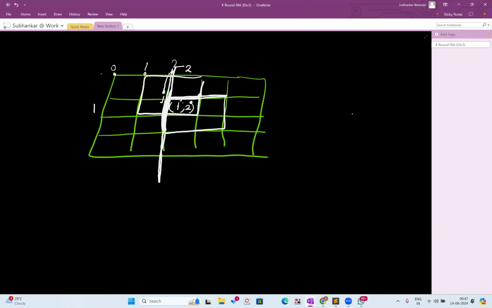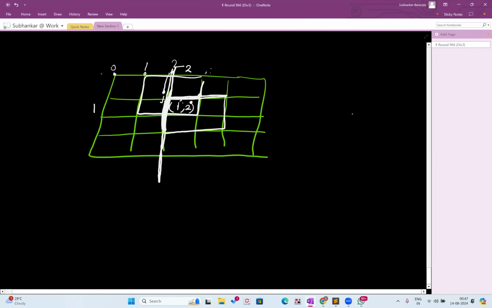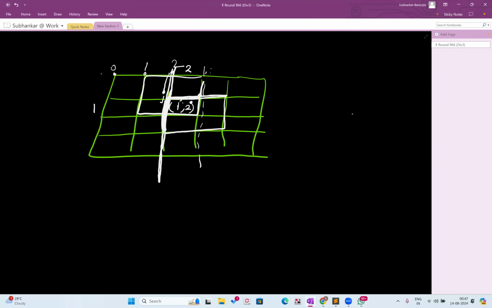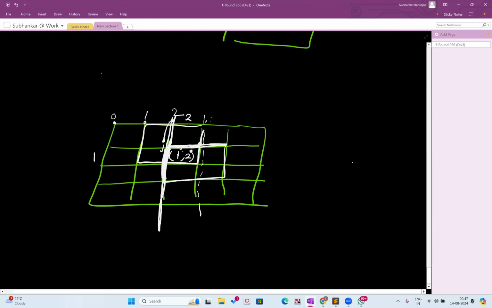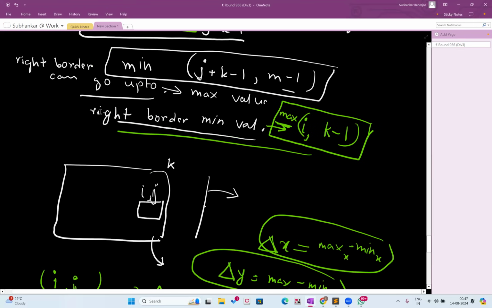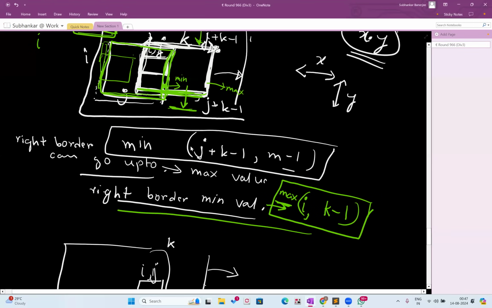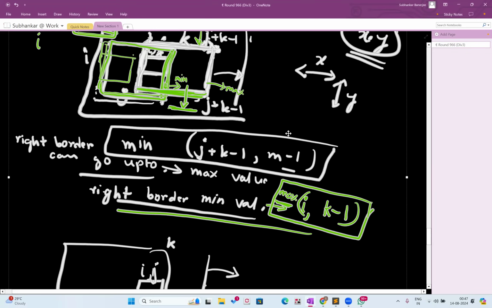But suppose the grid only went up to this point. This line was the grid edge. Then it cannot go up to 3, right? Then it has to stop at 2, because 2 is the maximum point. So I have just taken the right border's maximum as the minimum of j plus k minus 1 and m minus 1.